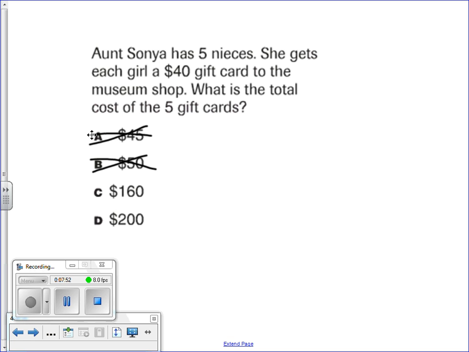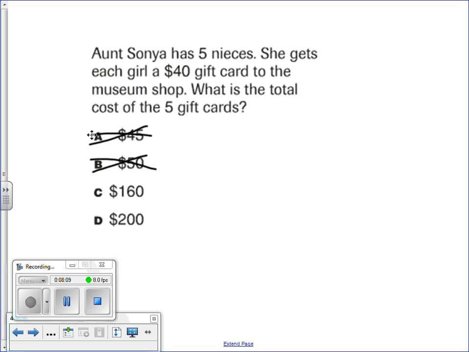Listen to you, Jojo. It would not be reasonable to say that more than one gift card would be $45 or $50. 45 is only 5 more than 40, and 50 is only 10 more than 40. So it makes no sense.